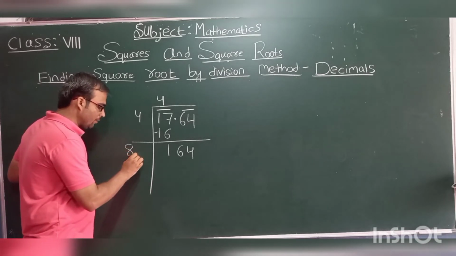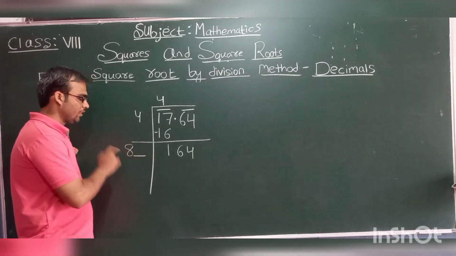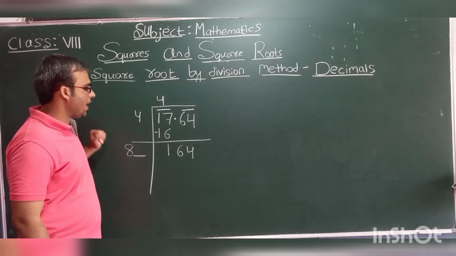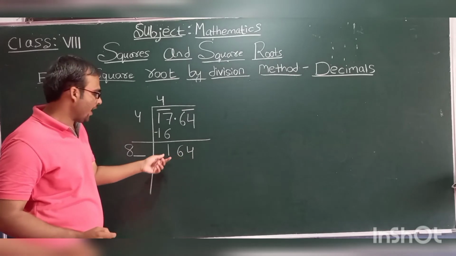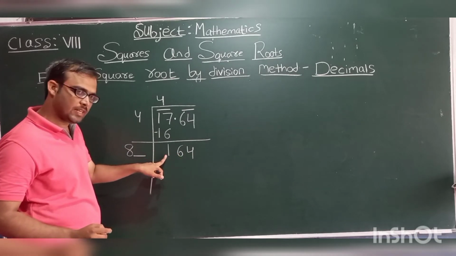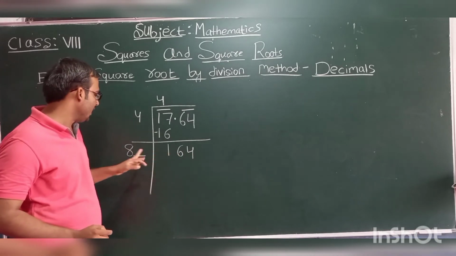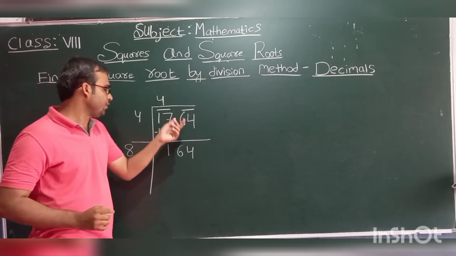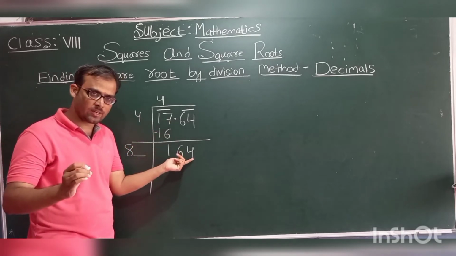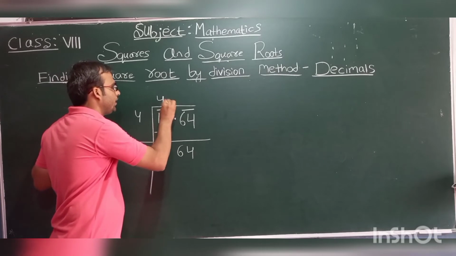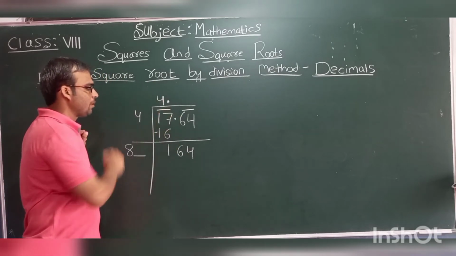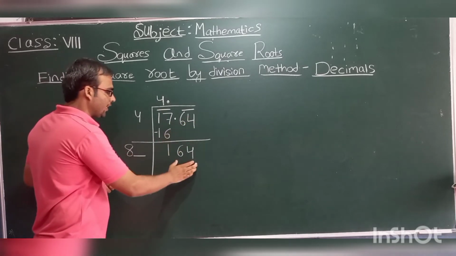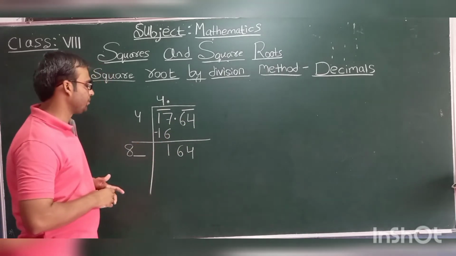And put a blank to the right of the digit. Now, as this is the decimal part, here only 1 is there, and this one is less than 8, and as we have taken the decimal part here, put the decimal point after 4. Why have we put the decimal point? Because we have taken the decimal part next.